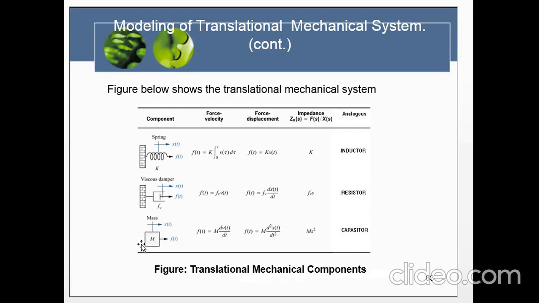Next is mass. Force-velocity of mass is equal to m dv(t)/dt. Force-displacement is m d^2x(t)/dt^2, and the impedance is m s^2. The electrical analog is the capacitor.